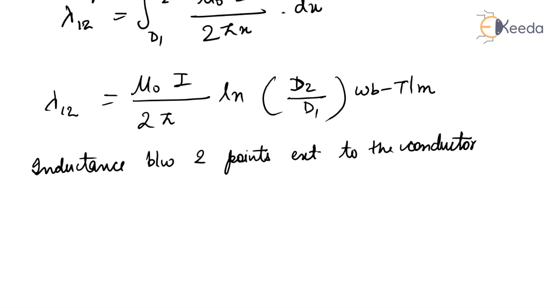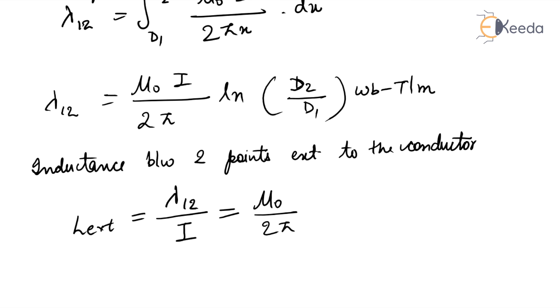Now the inductance between 2 points external to the conductor: we know L external is equal to lambda from point 1 to 2 upon total current. This is equal to mu naught, I cancels out, so mu naught upon 2 pi log D2 by D1 Henry per meter.